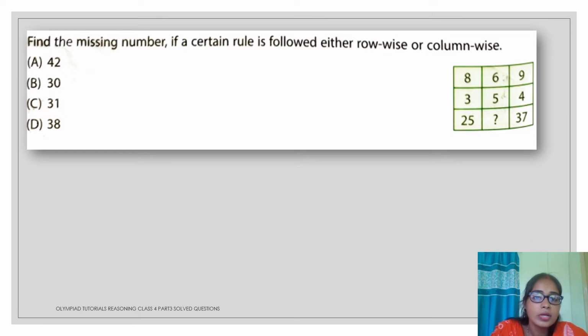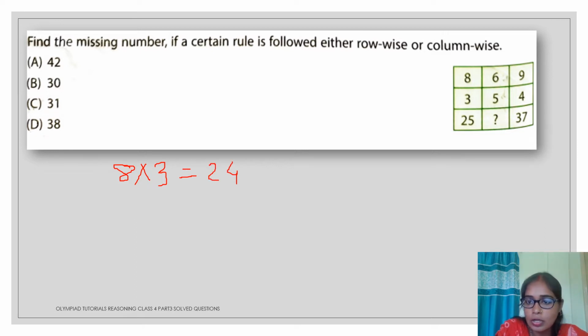Find the missing number if a certain rule is followed, either row wise or column wise. Here you can see row wise there is no such relation, but if you carefully observe the columns, you can see we just go on multiplying the numbers. Suppose the first column, 8 into 3, gives 24.